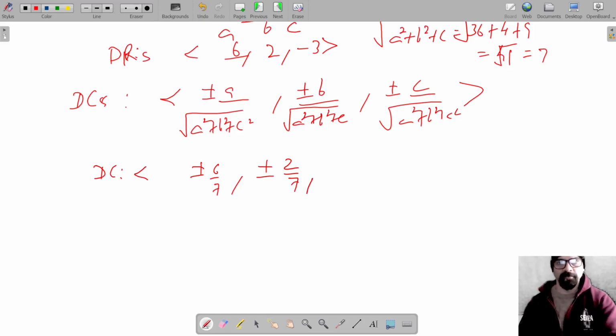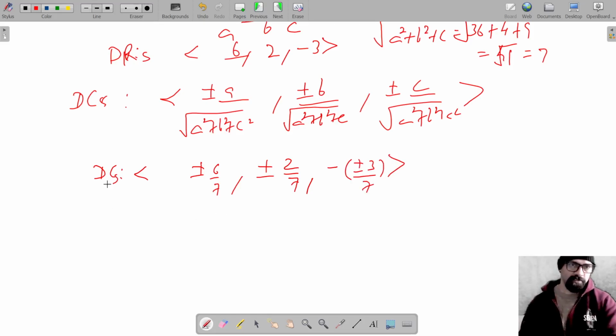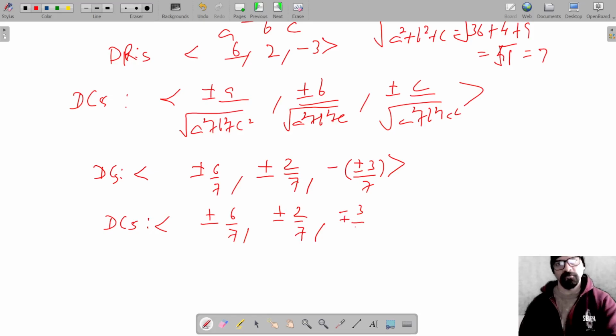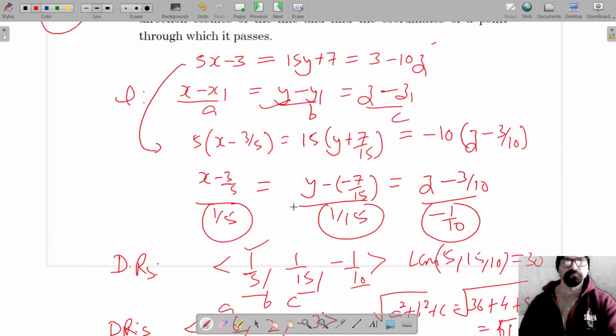So if you multiply that with negative, the direction cosines are plus minus 6 by 7, plus minus 2 by 7. Now negative into positive is negative, and negative negative becomes positive, so this is minus plus 3 by 7. These are the direction cosines.